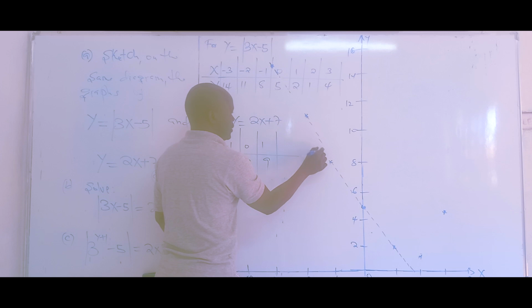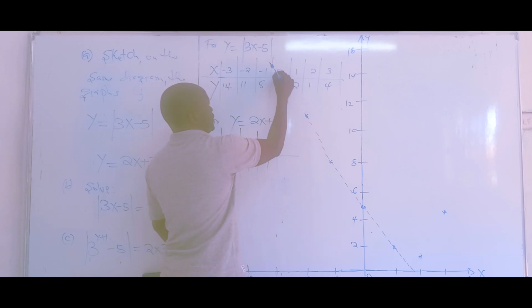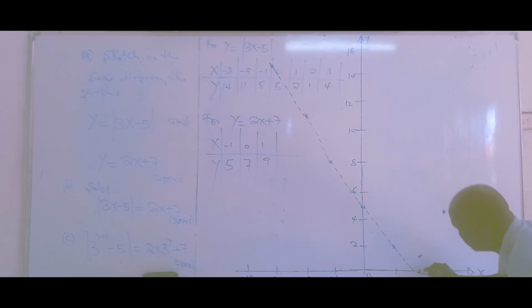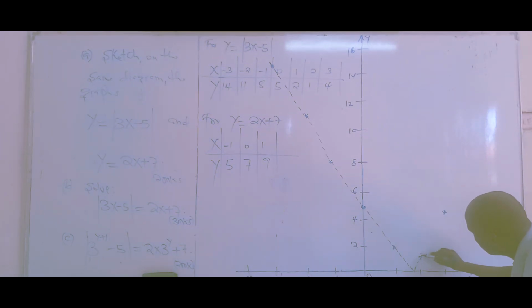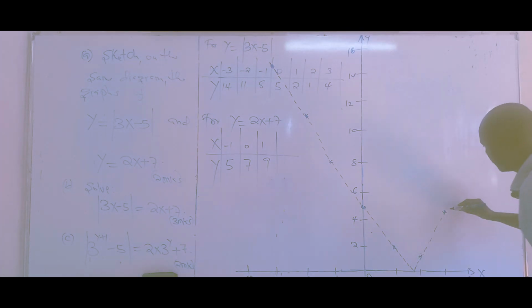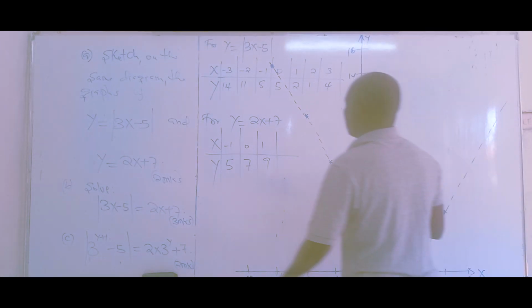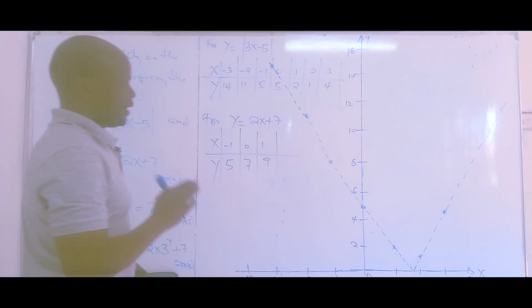Then it goes like that. It goes again. Yes. And if I had a ruler, that should just go like that. So that's the line.